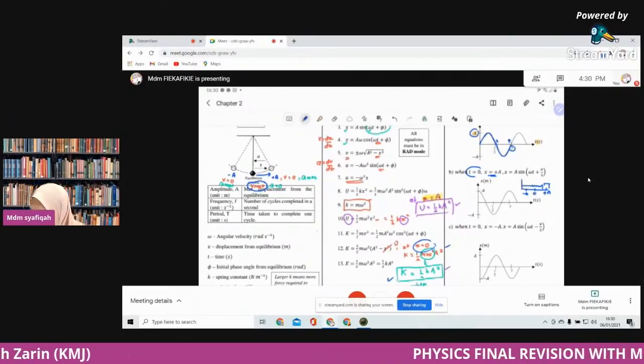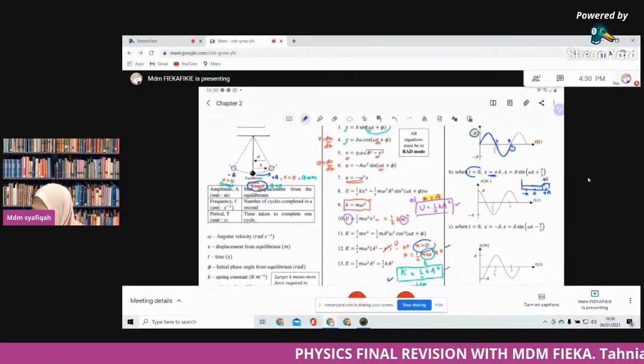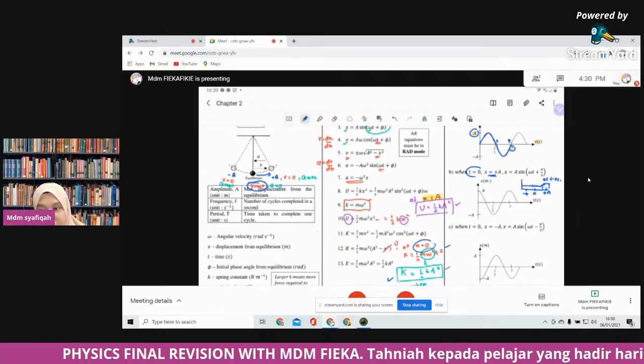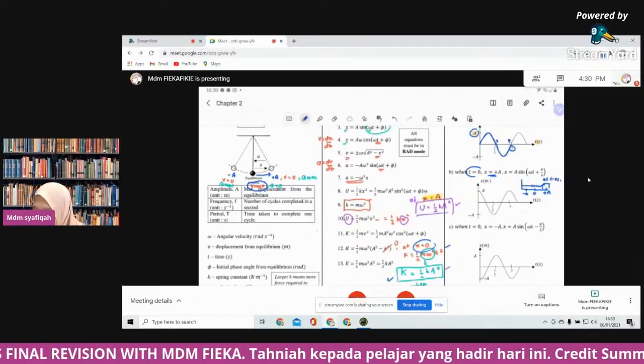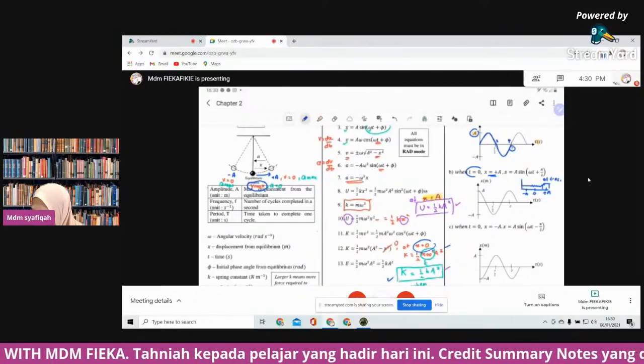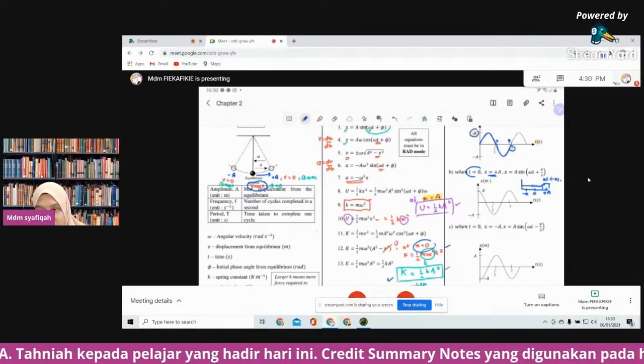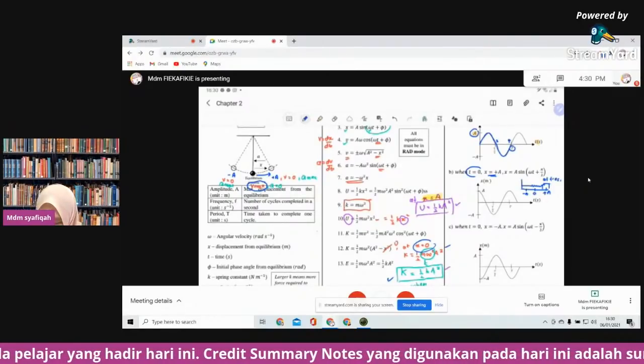Okay, so here the position, the starting point at T is equal to 0 second. Okay, the starting point is positive A. So graph awak, you akan start daripada positive A lah. Okay, ini yang berkaitan dengan phase shift lah.